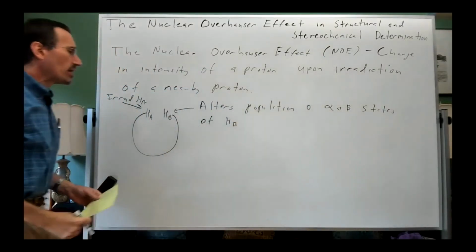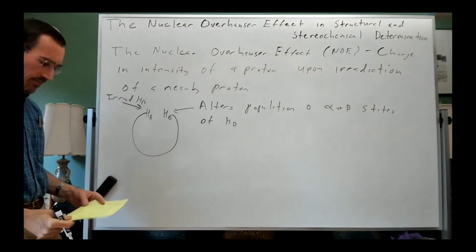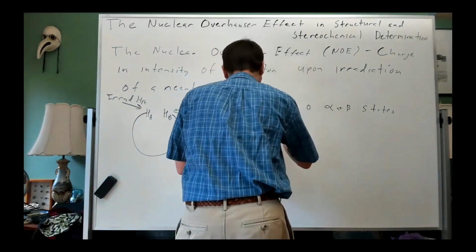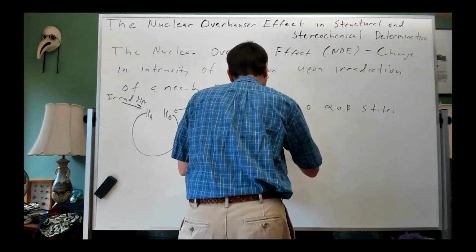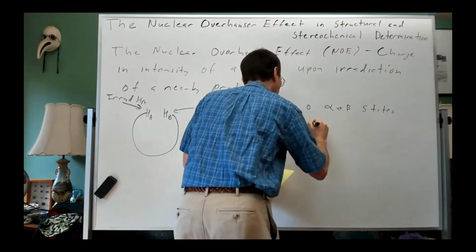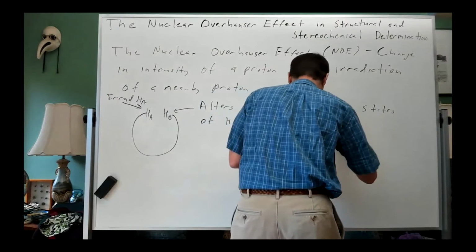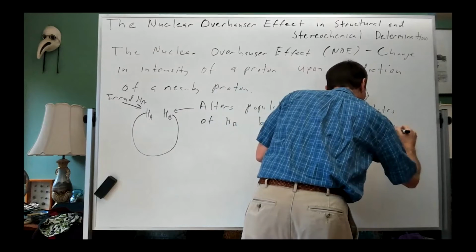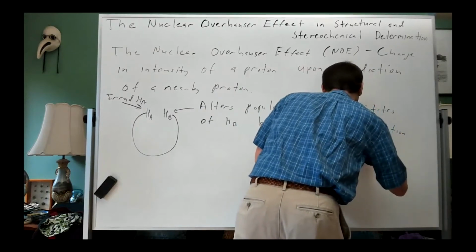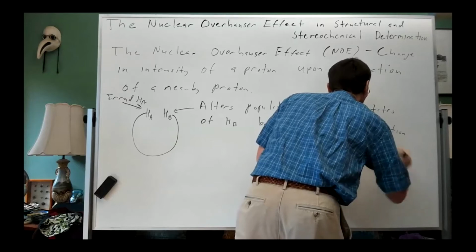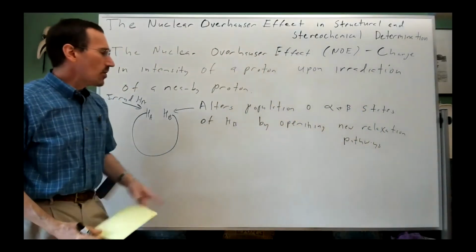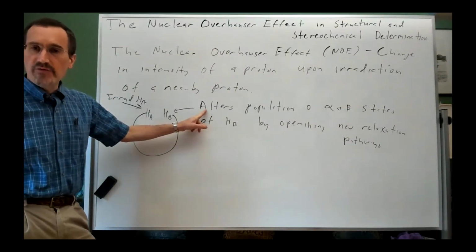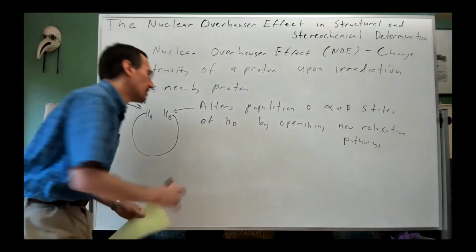So irradiation of HA is going to alter the population of alpha and beta states of HB by opening new relaxation pathways. And so what that's going to do is change the intensity of the signal of HB.